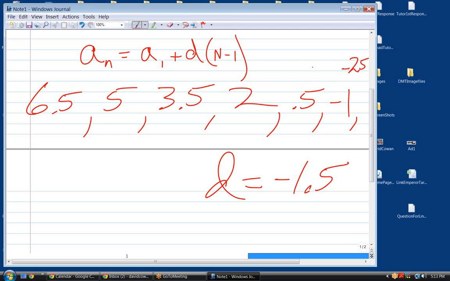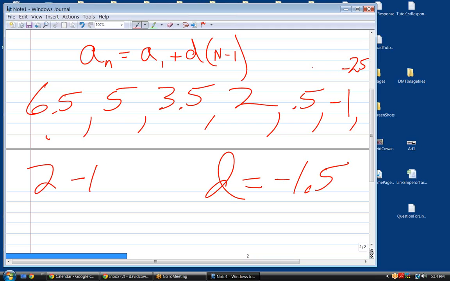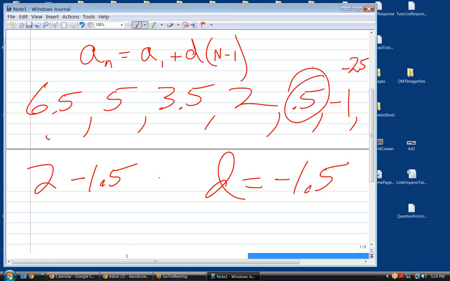All right, let's go back and look at that again because you had a little trouble with that. I'm subtracting 1.5 from each of these numbers. So when I got down to 2, what is 2 minus 1.5? 0.5. That's how we got that.